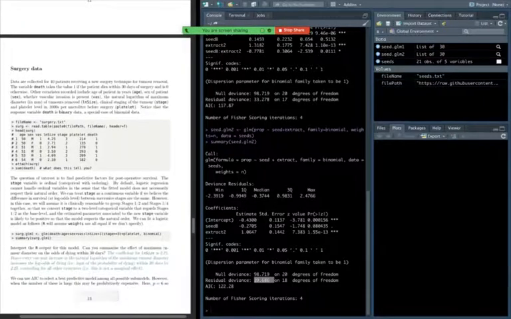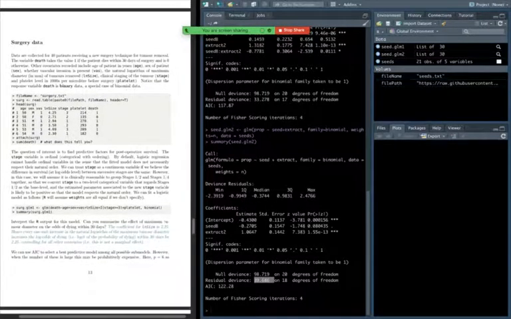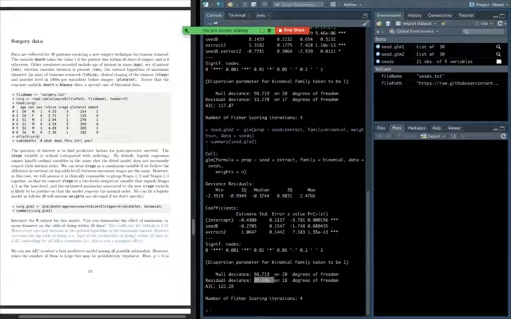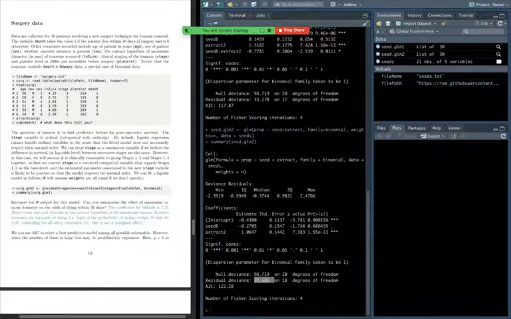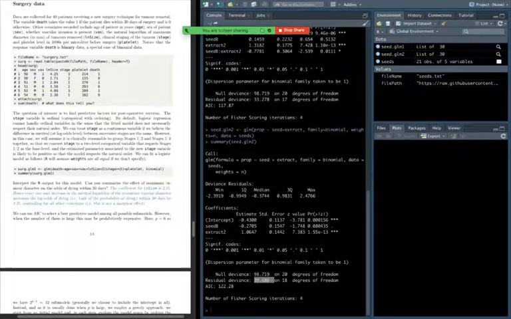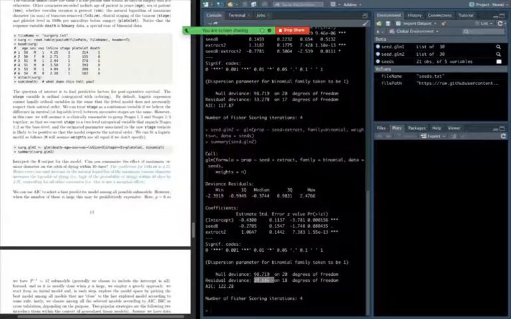Okay, so surgery data. We have data of tumors from different patients, and a number of variables under consideration, some of them being factors, some of them continuous variables.